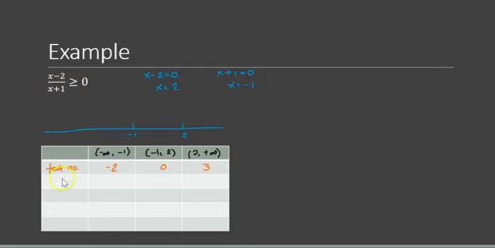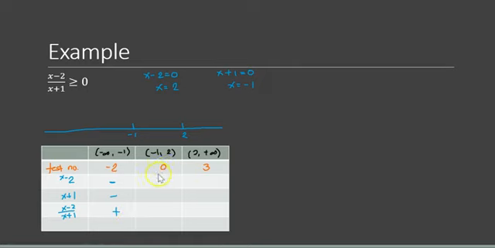I'm going to write down the numerator and the denominator and just get the sign: x minus 2, x plus 1, and then divide x minus 2 over x plus 1. I'm going to substitute negative 2 and just get the sign. Negative 2 minus 2 is negative. Negative 2 plus 1 is negative. So negative divided by negative is positive.